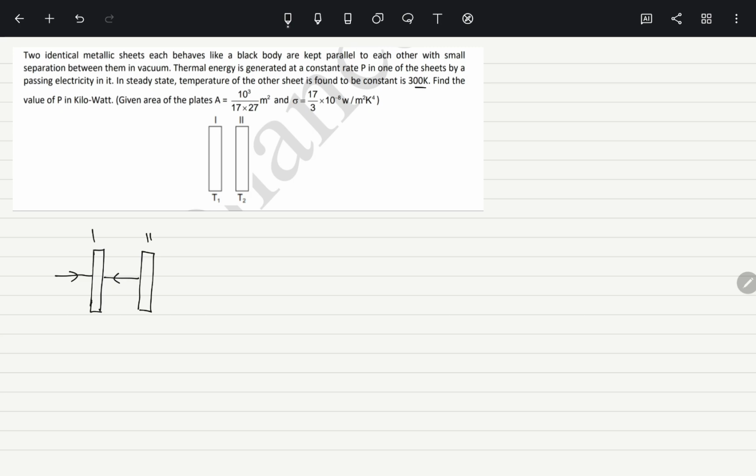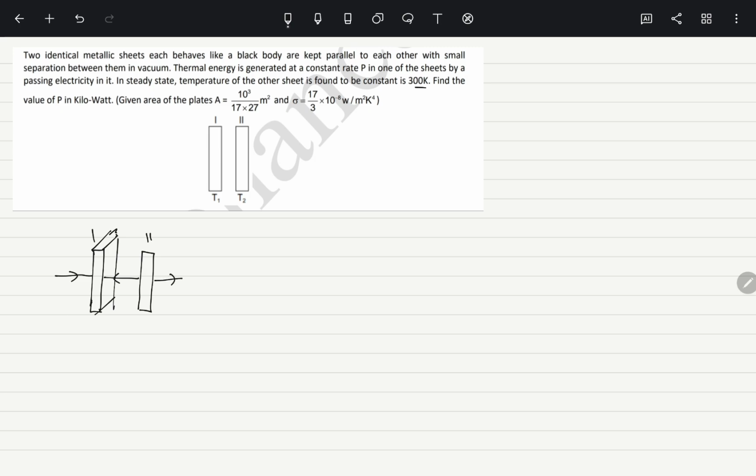First, the first sheet has a surface area here. So it is absorbing heat from both the surfaces, left surface and right surface. So again the area will be 2 times. But the second one is releasing heat which is being absorbed, and it is releasing heat from one surface only.